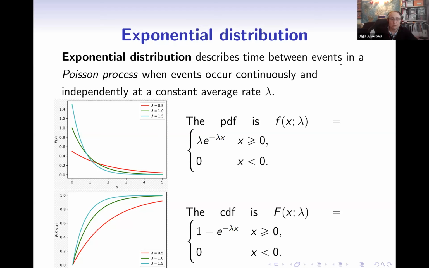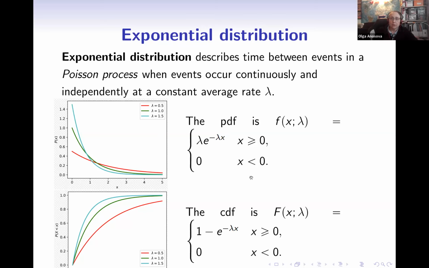And a Poisson process, by definition, is the process when events occur again and again without stopping, not a final number of events, independently from each other with a constant average rate. So if we have some repeated events again and again, then the time between those repeated events can be modeled by exponential distribution. And here are the formulas and plots for them.